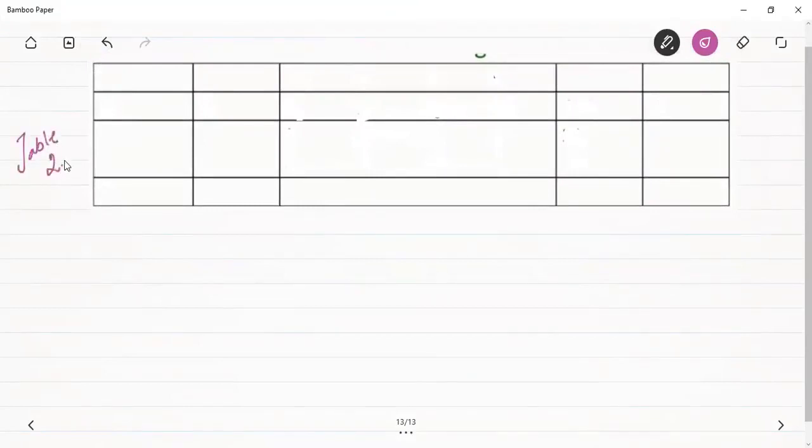Therefore, I will write table number 2 again. तो मुझे बताइए क्या क्या होता था यहाँ पे? I think this was CB, this was XB, this was X1, X2. आपको फिर से बनाने की जरूरत नहीं है, but I have changed the slide. Therefore, I would like to write the second table again. This is theta. This is CJ minus ZJ.